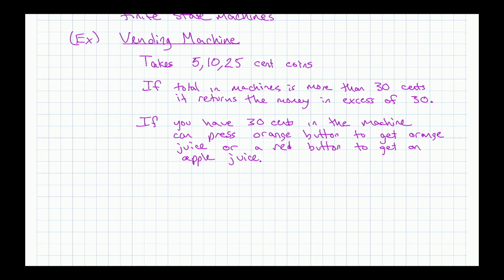Now, this kind of logic can be done in terms of circuits. It doesn't have to be done in terms of complicated software. In fact, you probably wouldn't want to use complicated software for a vending machine, because complicated software has a lot of problems.